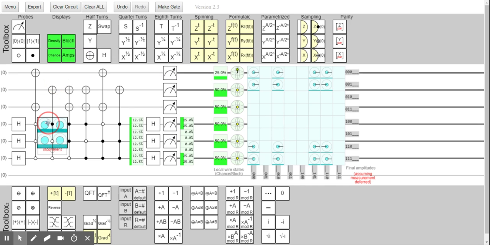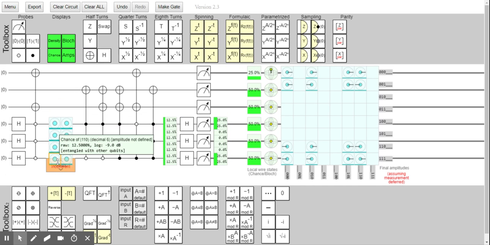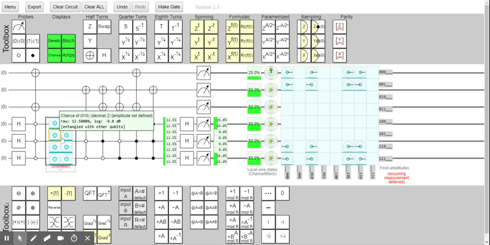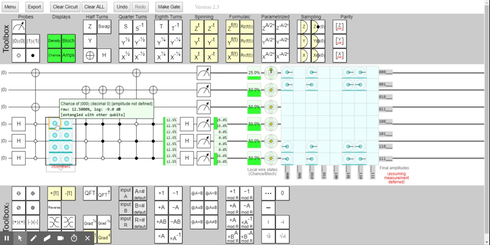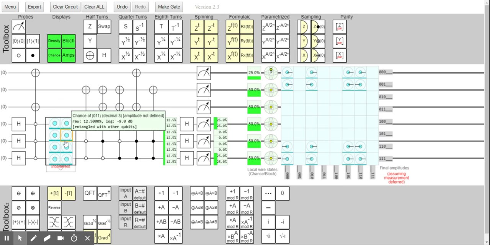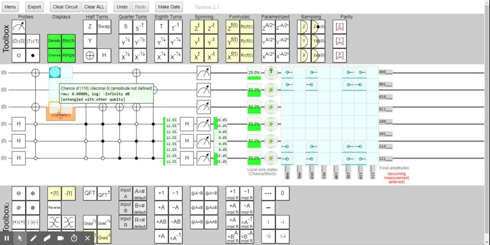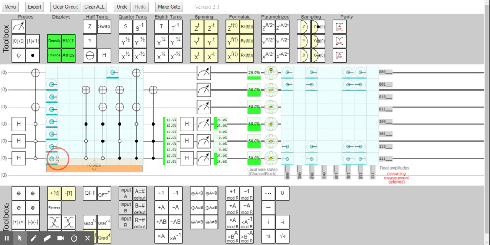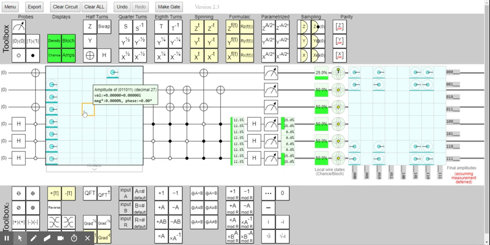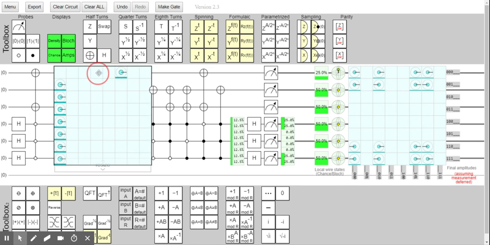Take a look at an amplitude display. I don't see the phases in here. That's the thing. Gotta take a look at the full system. But basically, all the phases are okay.